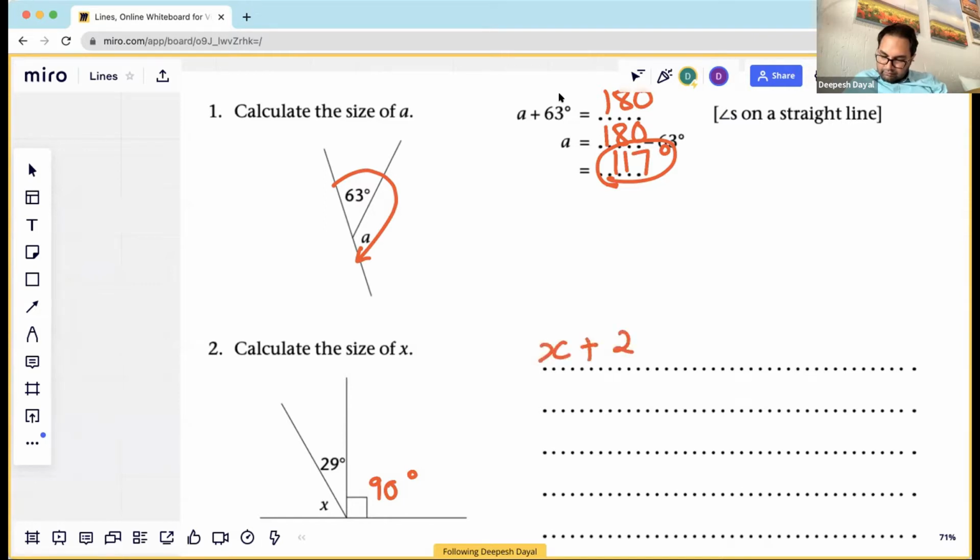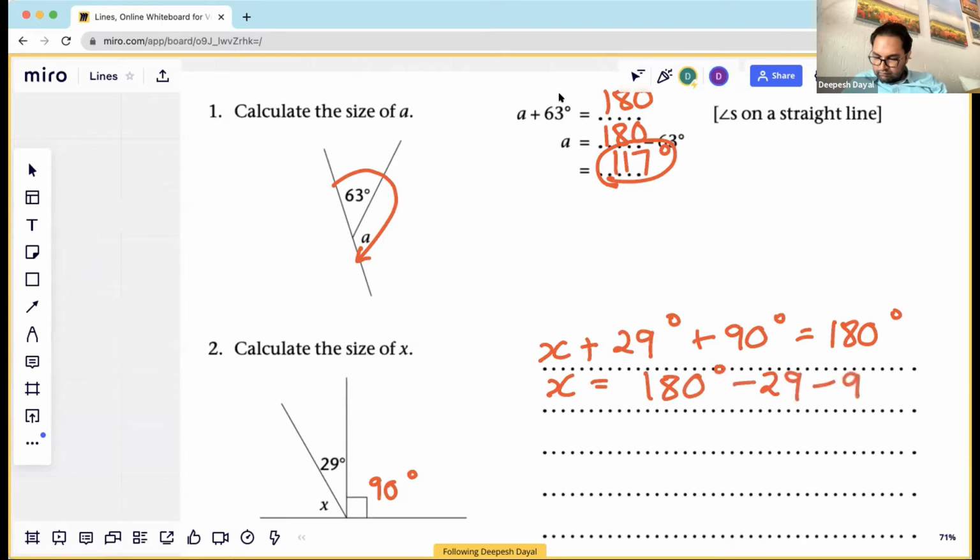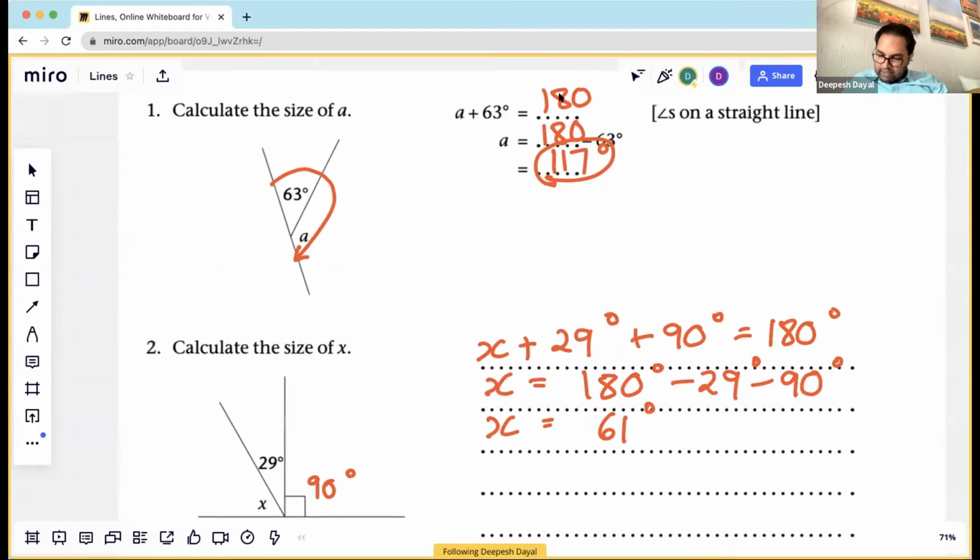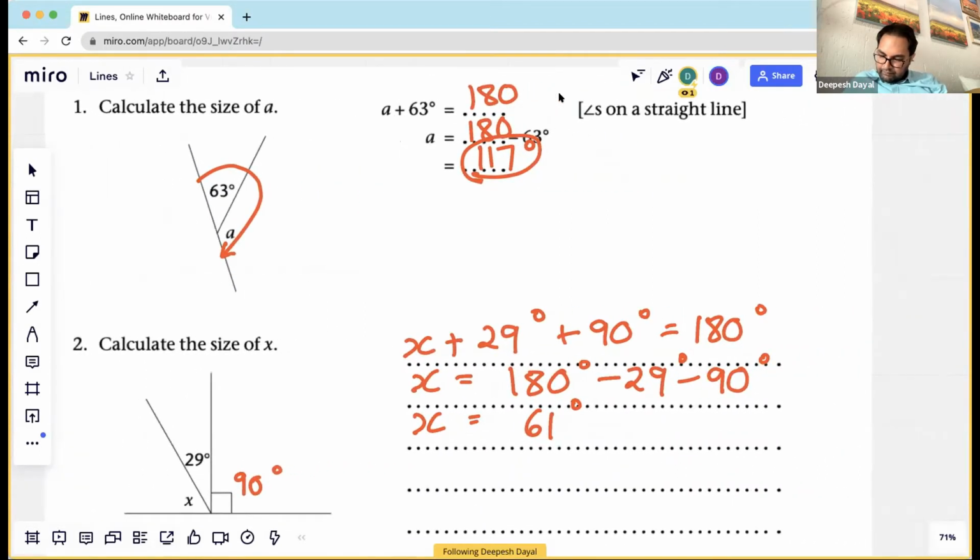x plus 29 plus 90 equals 180 degrees. Then x equals 180 minus 29 minus 90 equals 61. x equals 61. Yes, well done. And the reason for this is angles on a straight line.